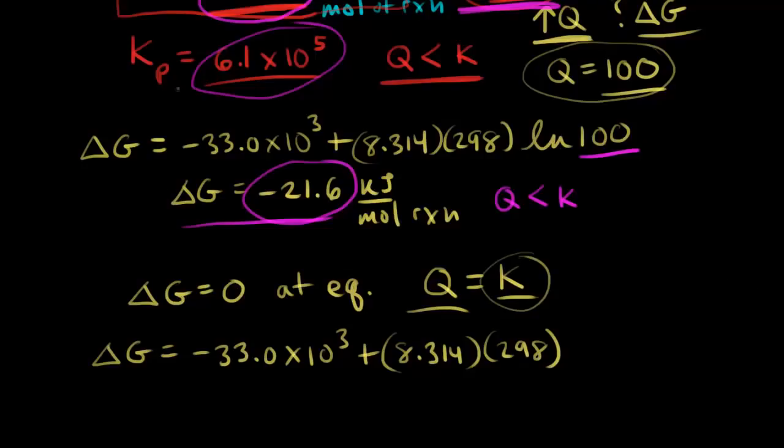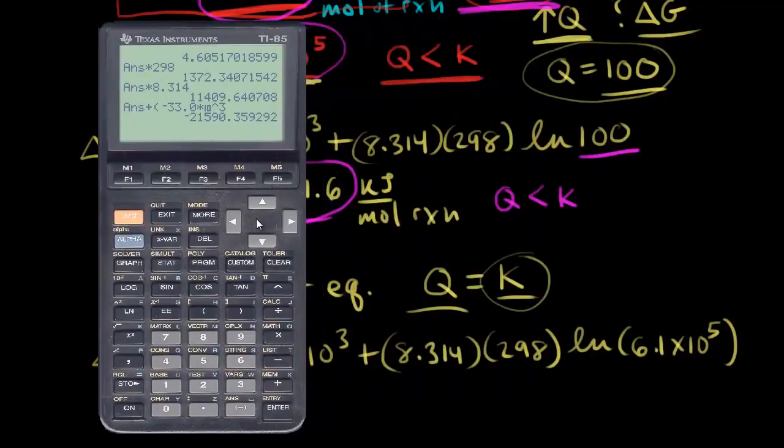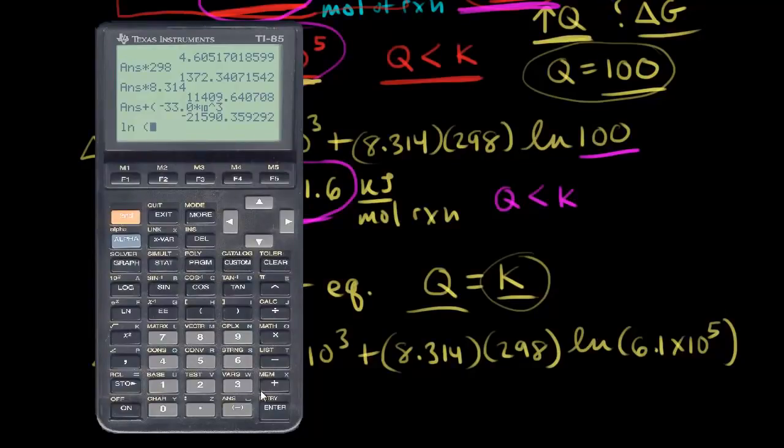We're going to plug in the equilibrium constant, which I already gave to you up here, 6.1 times 10 to the fifth. So now we're doing the natural log of K. Let's see what happens to delta G. We find the natural log of 6.1 times 10 to the fifth, multiply that by 298, and then multiply that by 8.314.